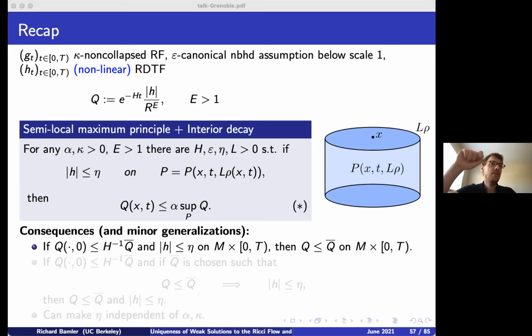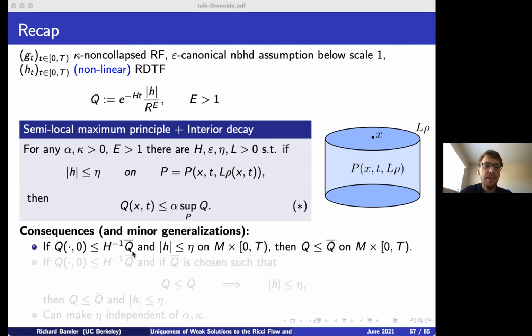By the semi-local maximum principle, this maximum point of q cannot occur unless the parabolic neighborhood does not exist, so unless we're too close to the initial time. And if the parabolic neighborhood intersects the initial time, there's another version of the semi-local maximum principle, where we can use this bound as well.